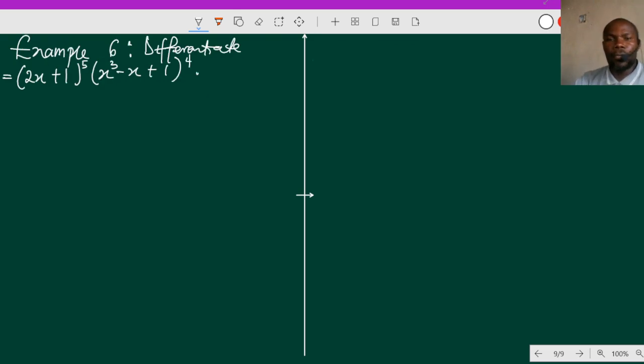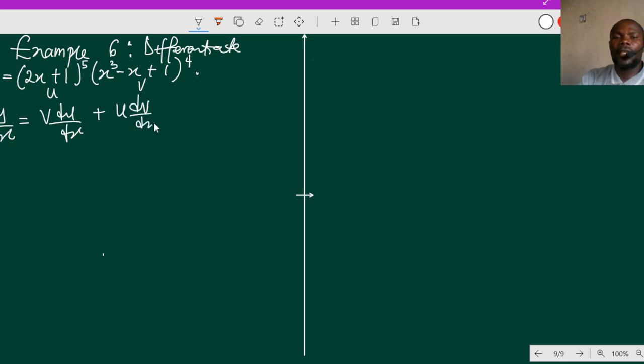So this is example 6. I now want to explain example 6. If you look at this question, it is a product rule, which you can say is UV. And you know from the product rule, dy dx is equal to v du dx plus u dv dx.